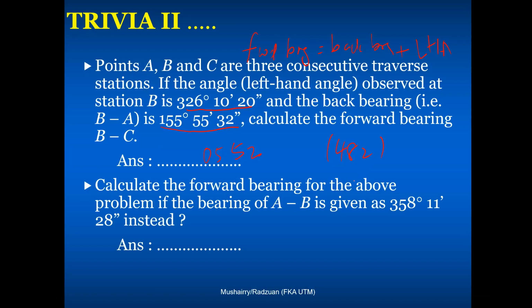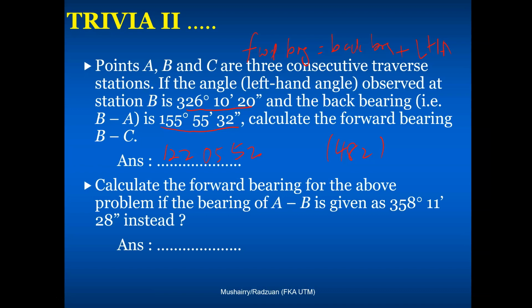But there's no 482, obviously, so you take away 360 from there. So you'll have 122°05'52". You add those two numbers, and if it's more than 360, you just take away 360.